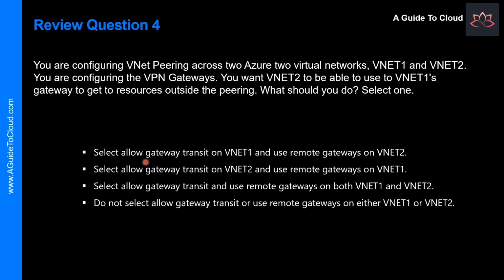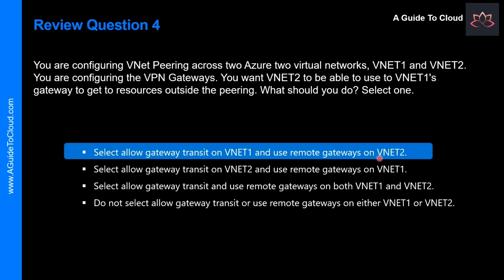We just need to select allow gateway transit on VNet 1 and use remote gateways on VNet 2. So that is the correct answer. Select allow gateway transit on VNet 1 and use gateways on VNet 2. VNet 1 will allow VNet 2 to transit external resources, and VNet 2 will expect to use a remote gateway.